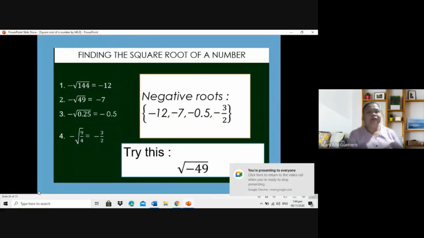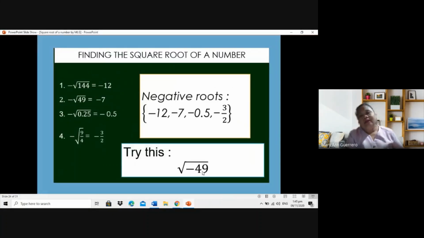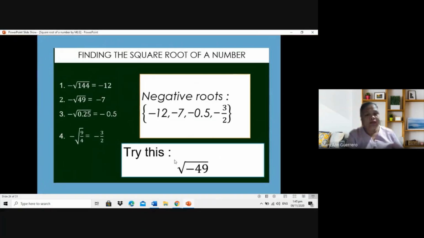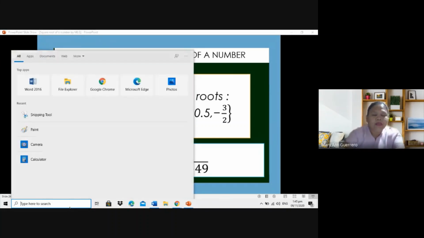Okay? So, again, ito may sagot. Ayan, negative 7. Pero ito ay, ang sagot ay not real number. Okay? So, pagka gumamit kayo ng calculator dyan, it will give you error. Sige, tingnan nga muna natin.